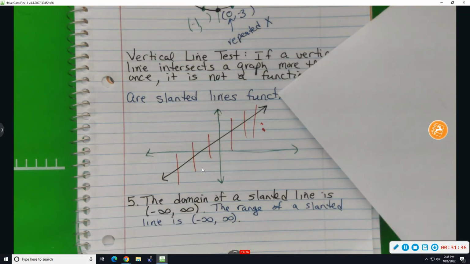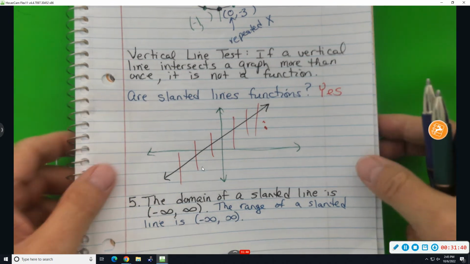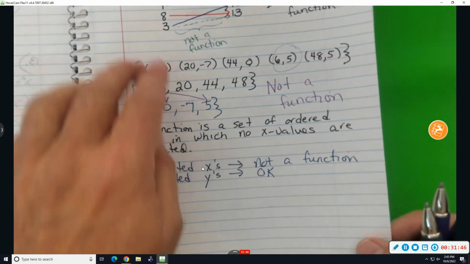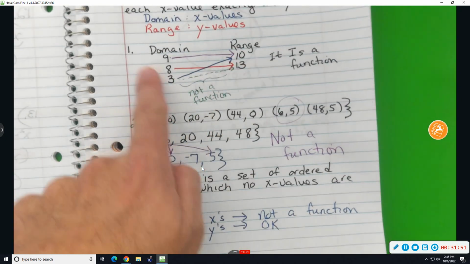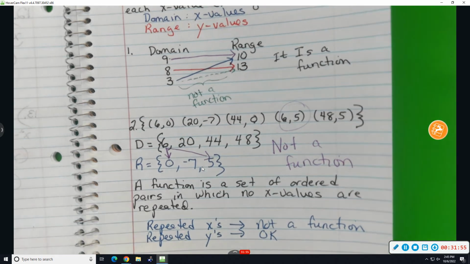So we've seen functions. You can see functions as graphs, like a slanted line we said was a function. We could also have a little table like number 1, or a little diagram like that, to represent a function.